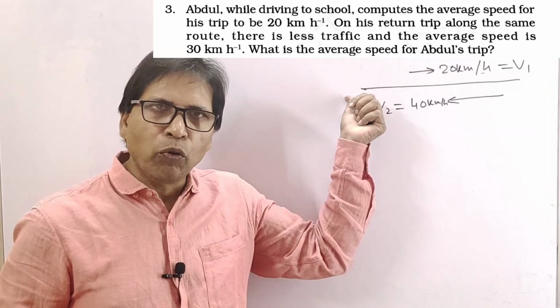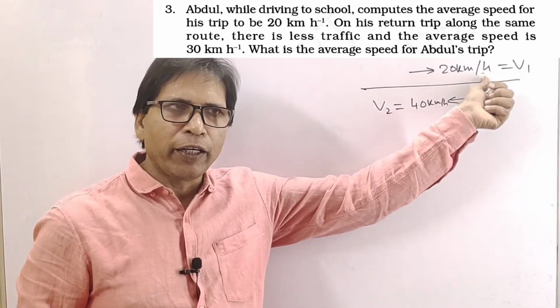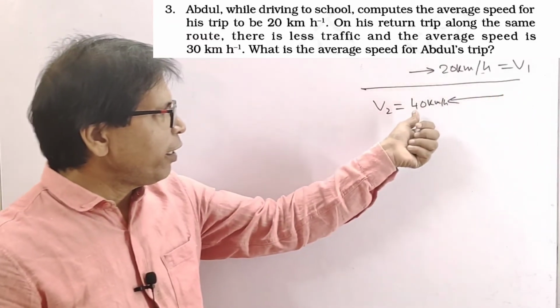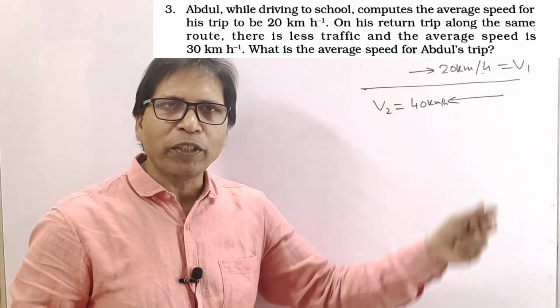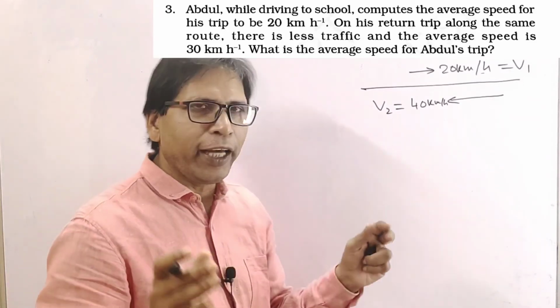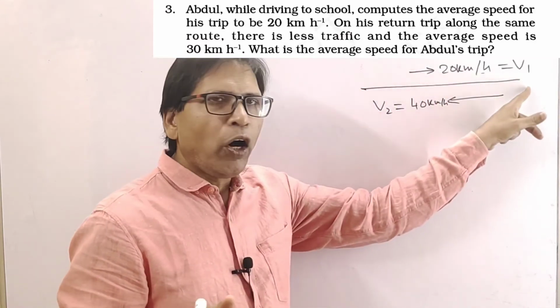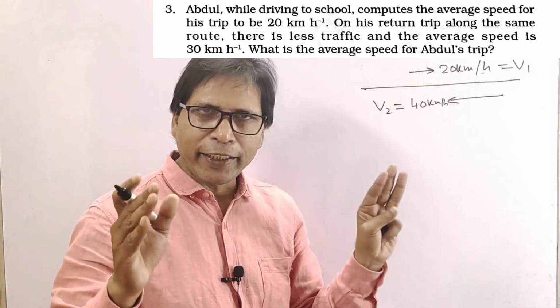While driving to school, the speed of Abdul is 20 km per hour. In the return journey, the speed was 40 km per hour. What will be the average speed? Here, the distance covered while going to school and returning from school is the same.